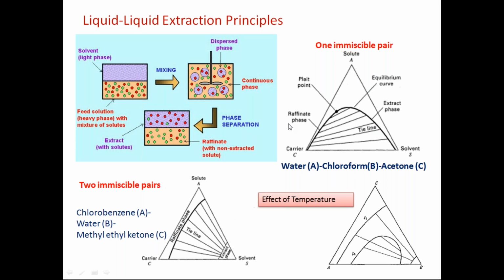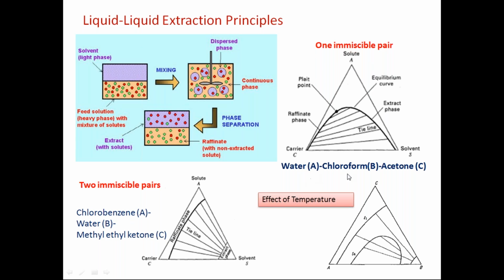You have three types of systems in liquid extraction. One is one immiscible pair. That is, the carrier and solvent are immiscible, and the remaining pairs are partially soluble.